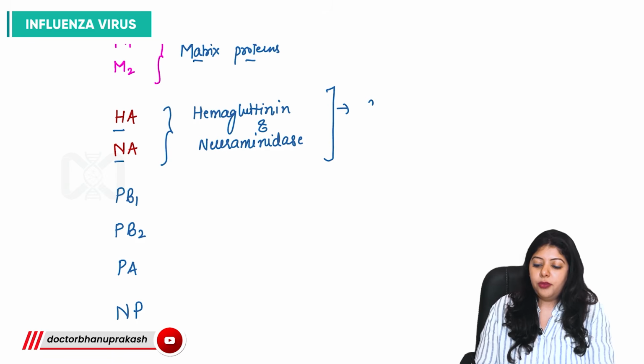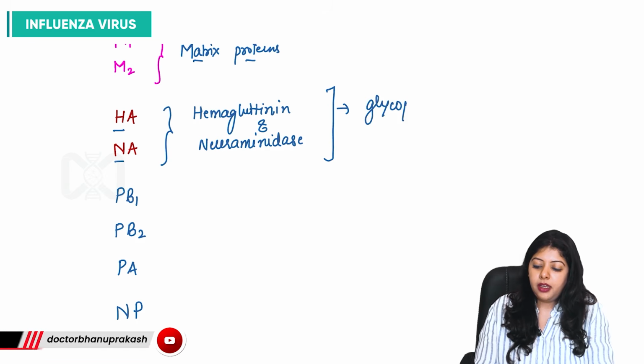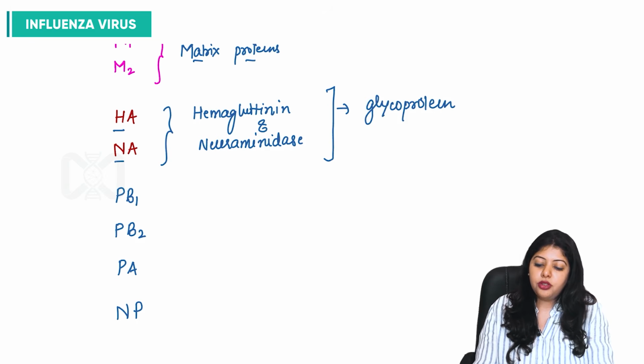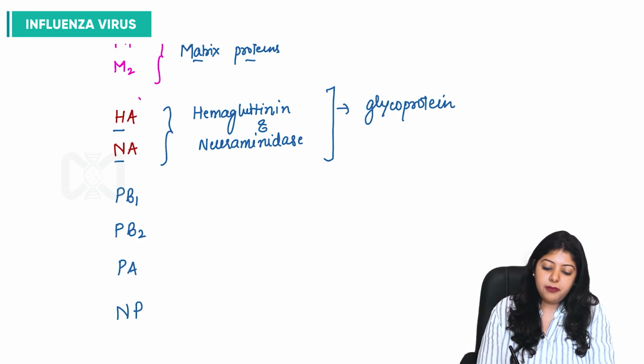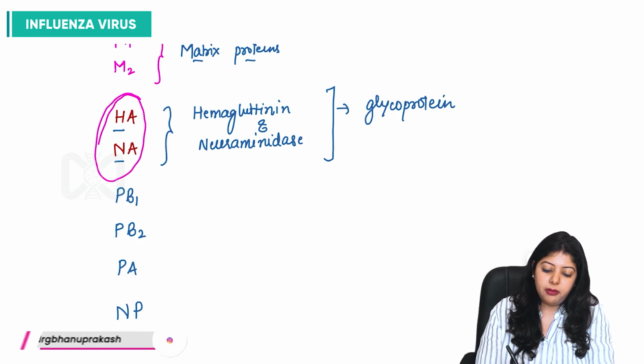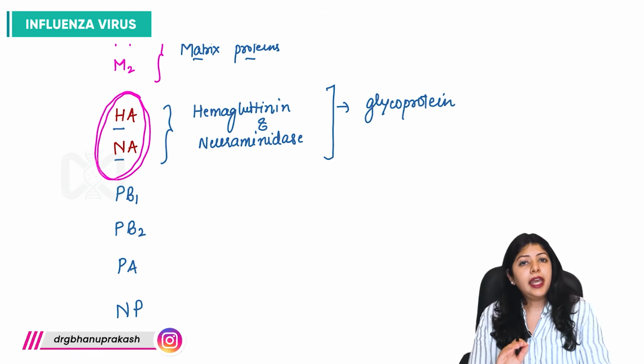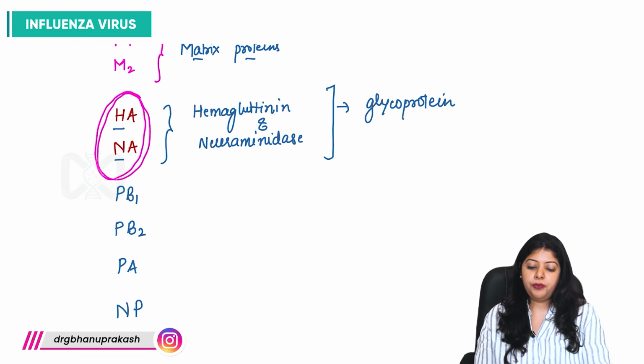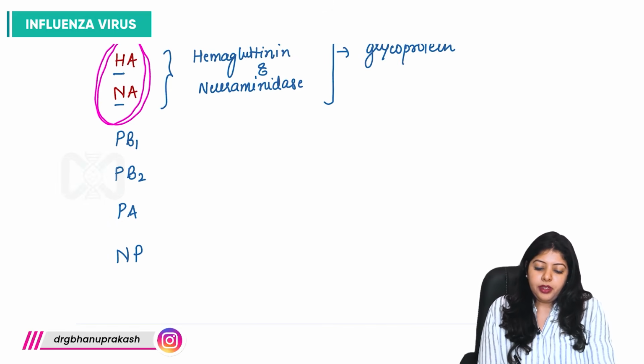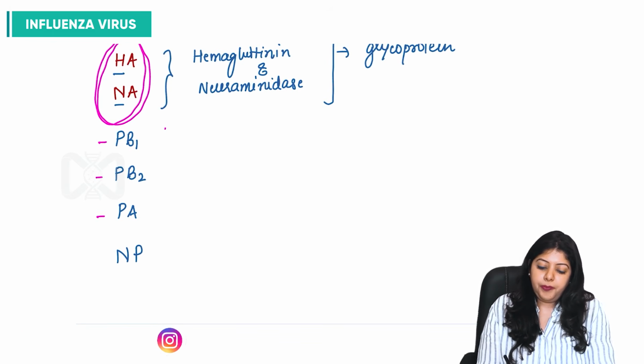These are glycoproteins and the most important structural proteins which have been associated with pandemics, epidemics, and any forms of outbreaks. Then come PB1, PB2, and PA.